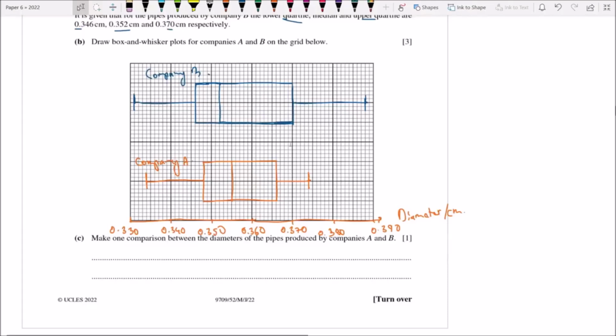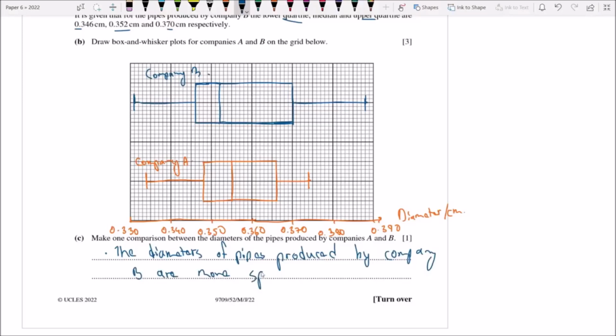Or you could talk about the central tendency. So I'm going to give you two. You could say that the diameters of pipes produced by company B are more spread out, basically because they have a higher IQR or range.